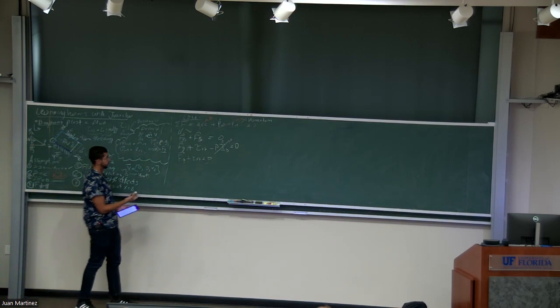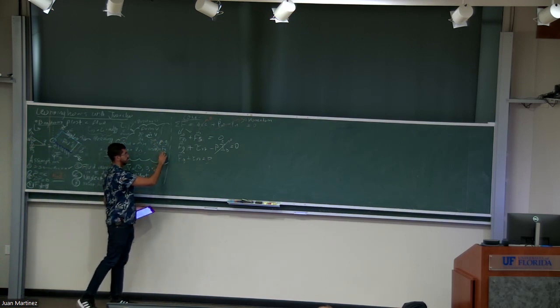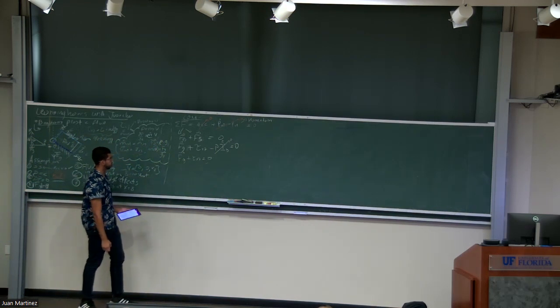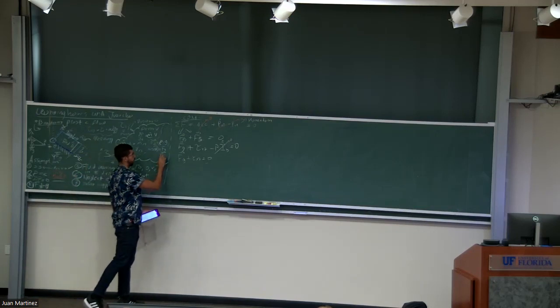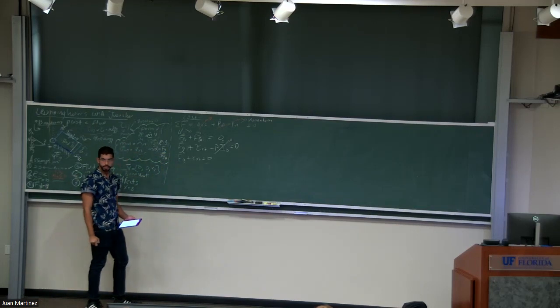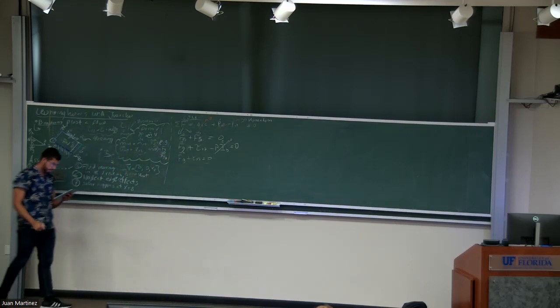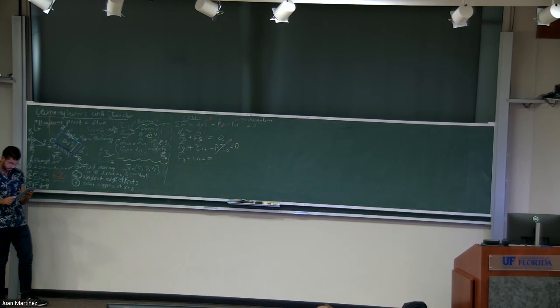Let's call it GZ, the force of gravity in the Z direction. So would it just be rho g cosine theta?